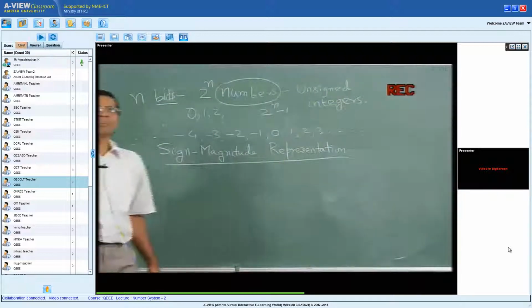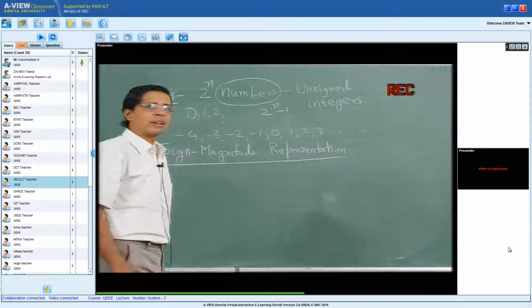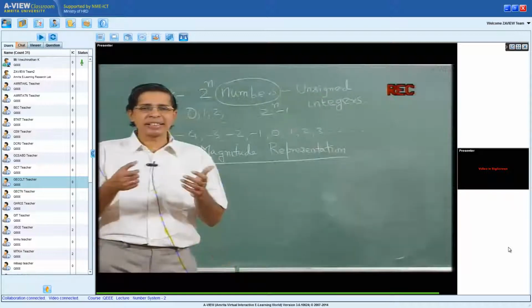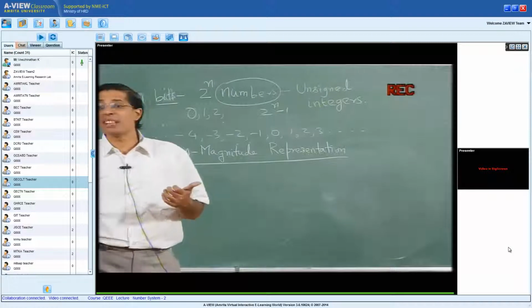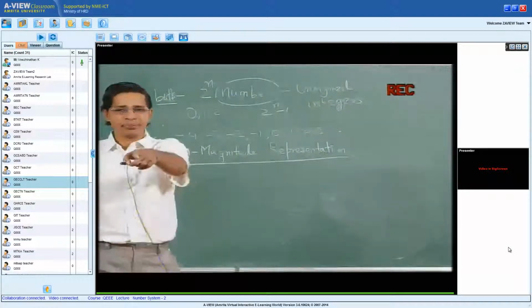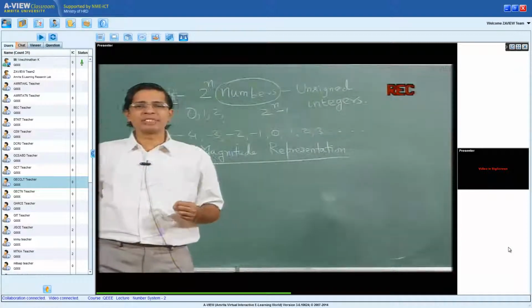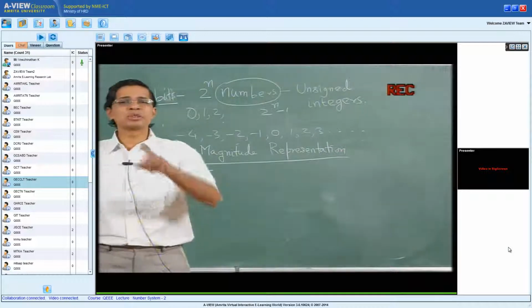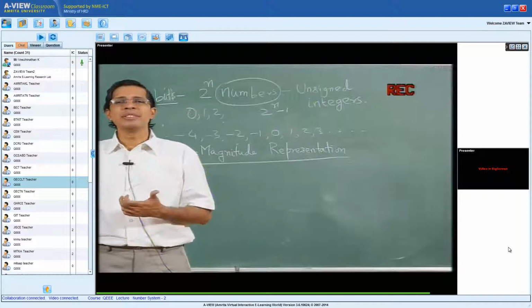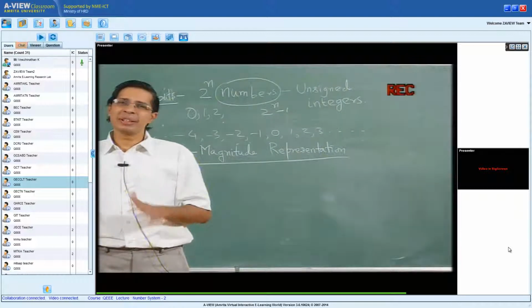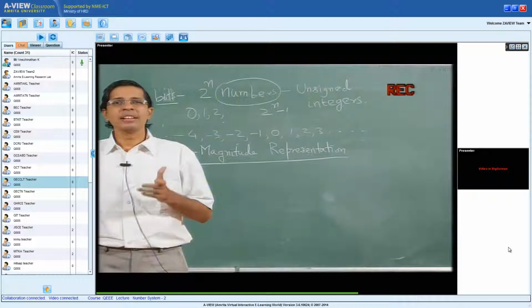What do we understand by this sign magnitude representation? In the entire representation there will be one bit, the most significant bit, which is associated with the sign, and the remaining bits will be associated with the magnitude.